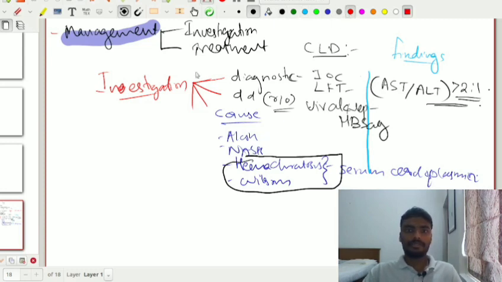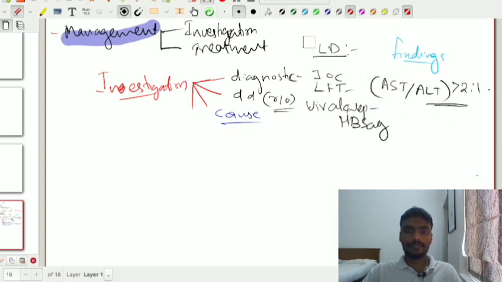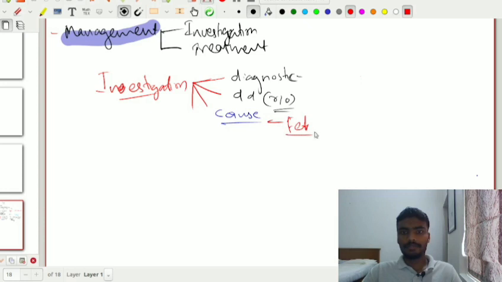So the third component while writing investigation is cause, to rule out what cause. Suppose you are writing about iron deficiency anemia. In iron deficiency anemia, there are many causes. First thing is hemorrhage, the chronic hemorrhage due to menstrual loss or any other. Then sometimes the cause could be worm infestation, right?